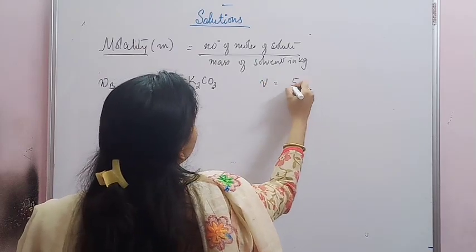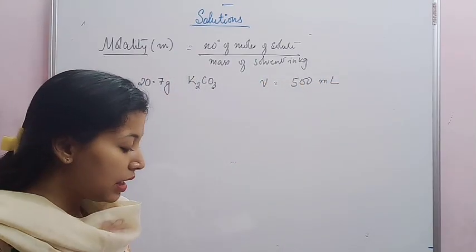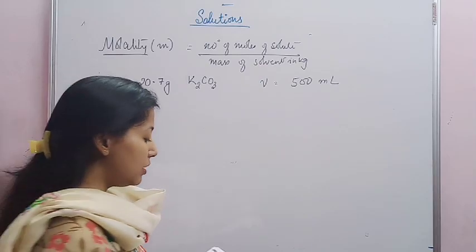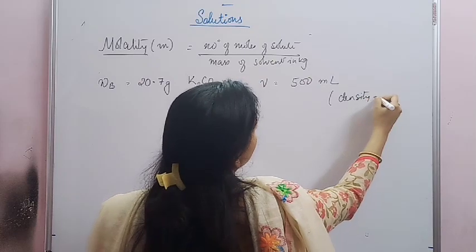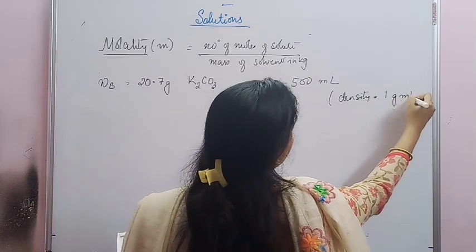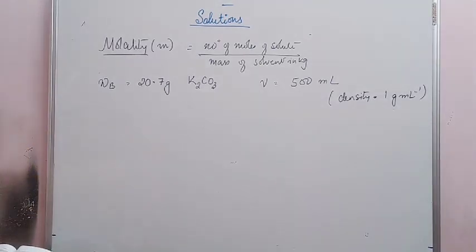Volume is 500 ml of solution. Assume the density of the solution to be 1 gram per ml. One additional piece of information is given to you.